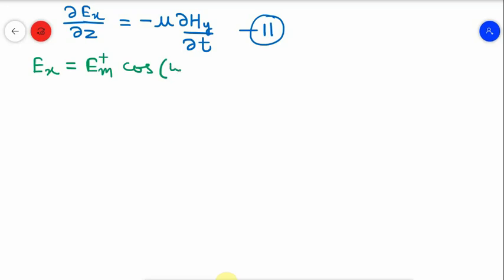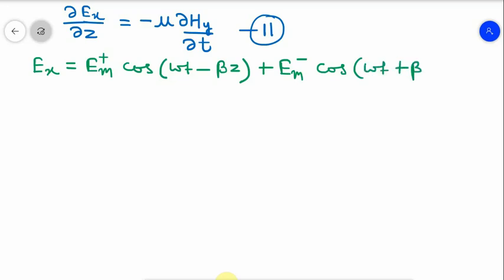This is the representation of a wave, so we can write this plus Em minus cos omega t plus beta z.